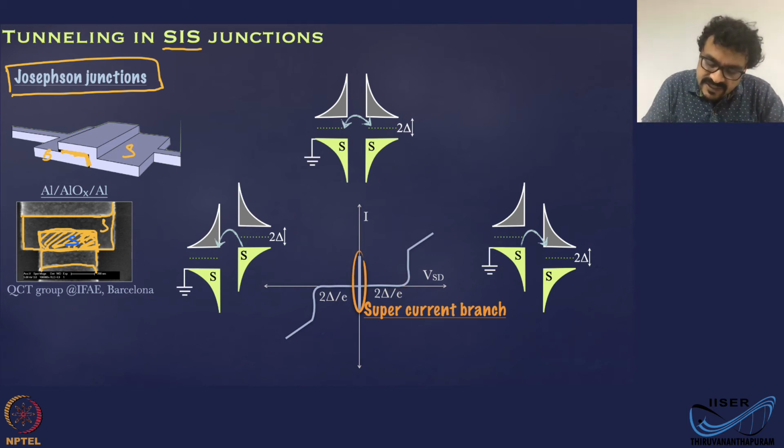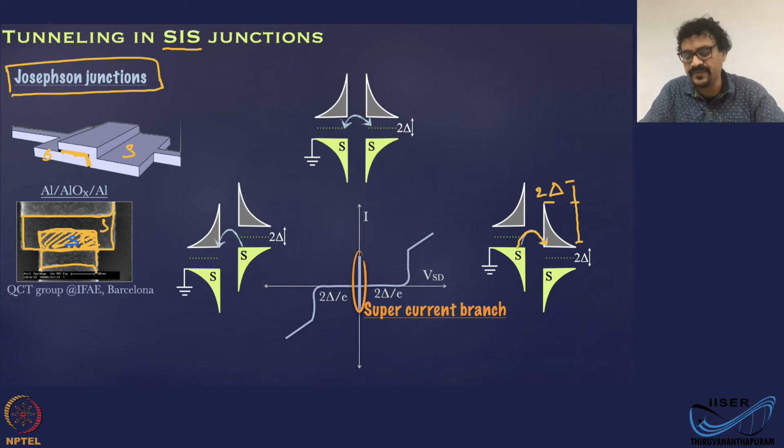Then you will reach this situation, where the electrons from here can tunnel into the empty states here. So here we have moved by 2 delta, this one. Now you can run a current through it, so you will see a rise in the current.